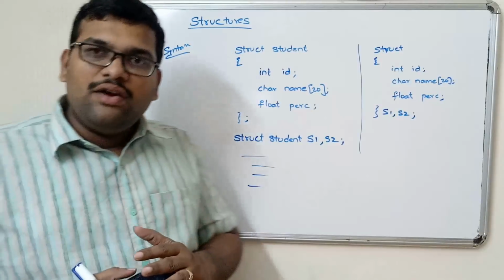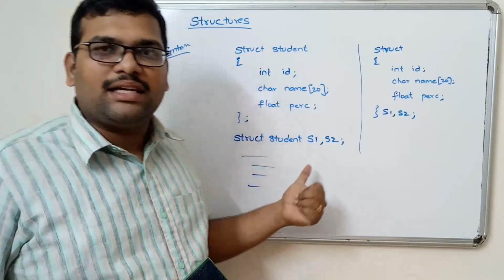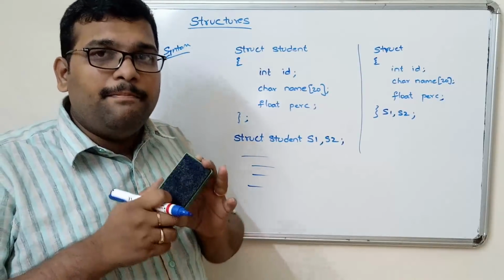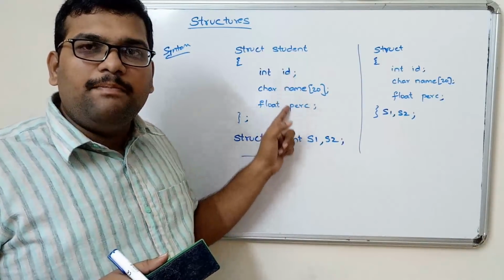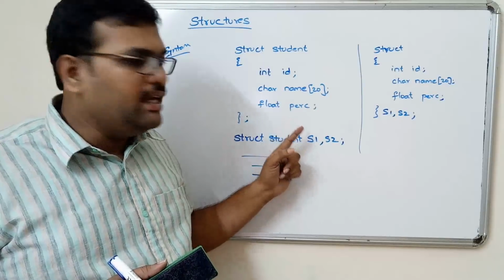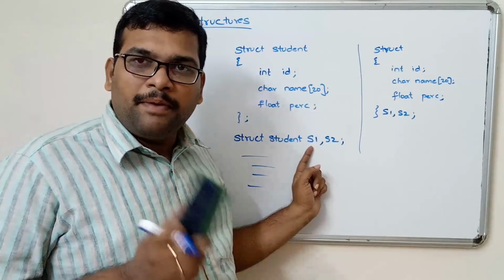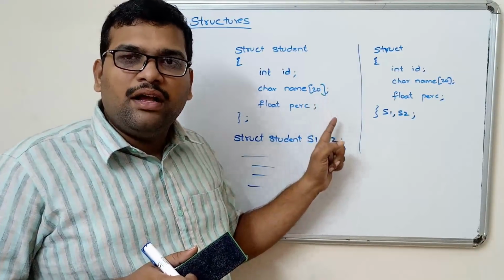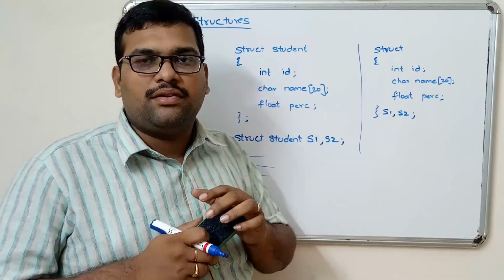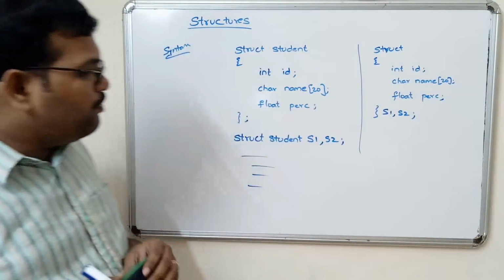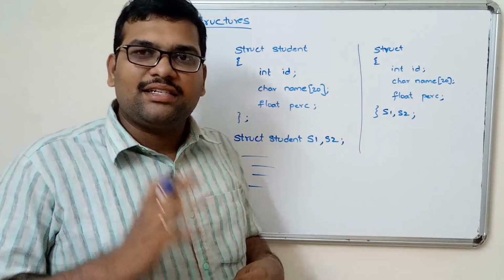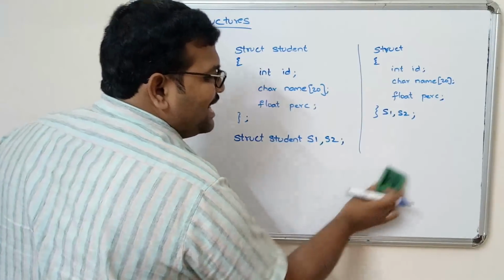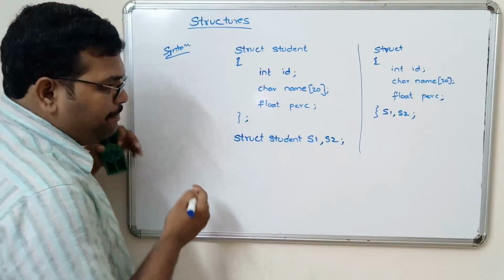Next, how to initialize the structure variables? Here be careful, structure variable means the three members. The structure variable S1 implies ID of S1, name of S1 and percentage of S1. So we have to initialize each structure variable.